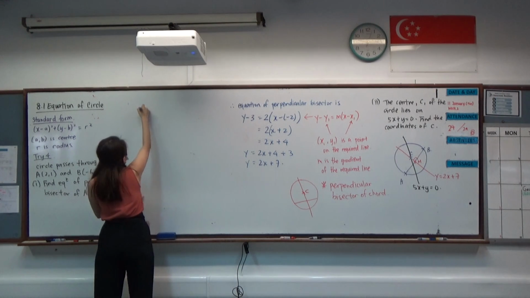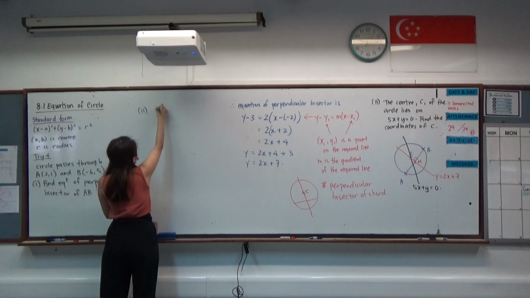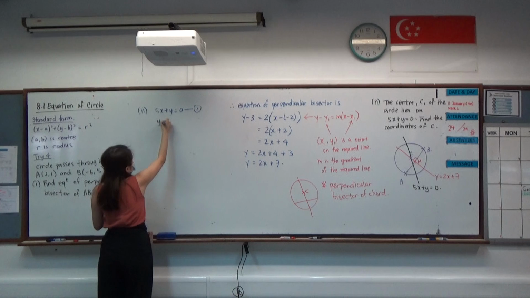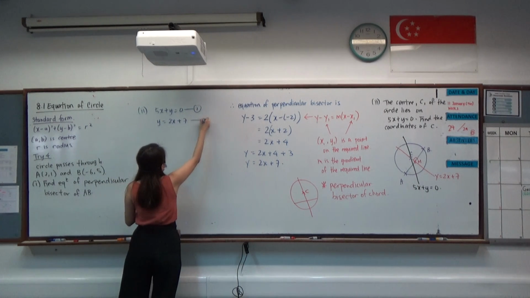Okay, so we are looking at solving 5x plus y equals 0, as well as y equals 2x plus 7.